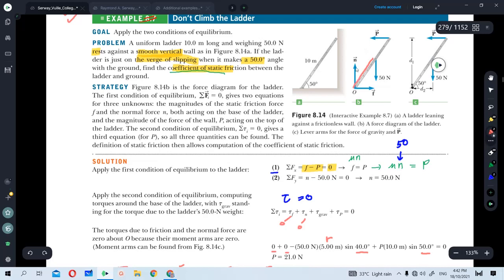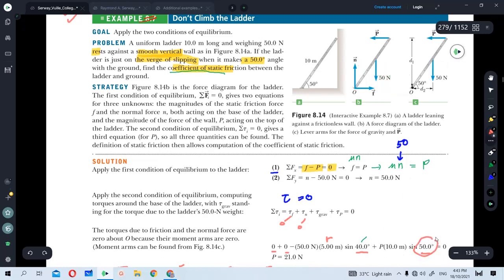This is the R, and this is the force, and therefore the angle is here. Since this is 50 degree, then this should be 90 minus 50, and that's the reason why it's 40.